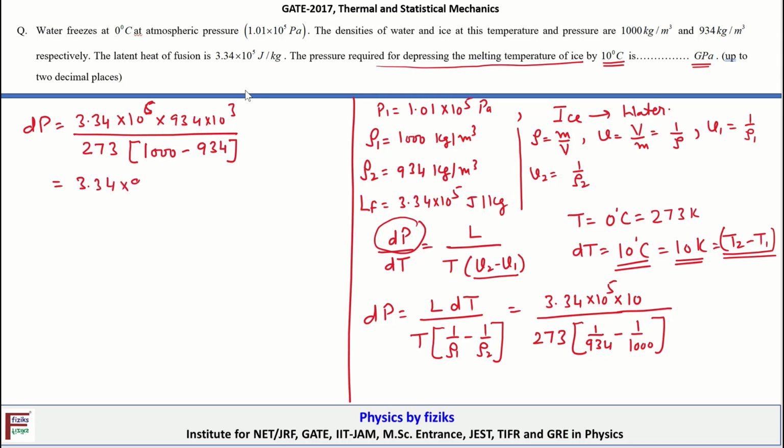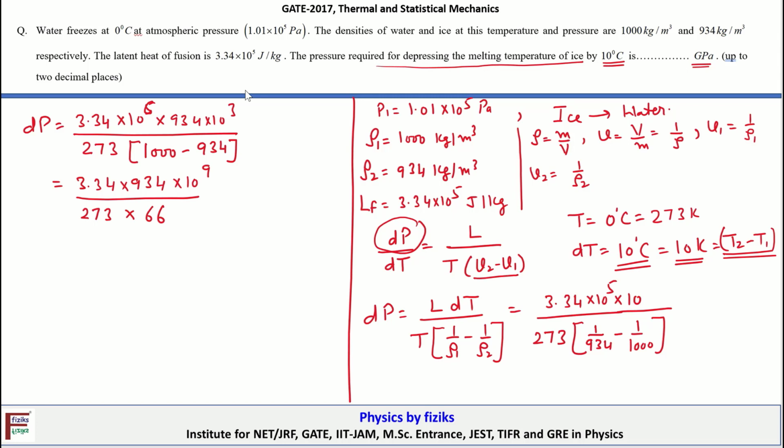And this comes out to be equal to 3.34 into 934 into 10 power 9, divided by 273 multiplied by (1000 minus 934), so that is into 66.